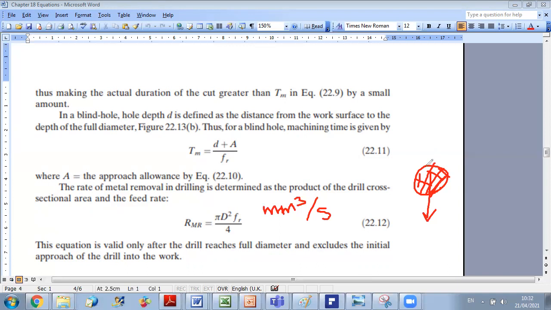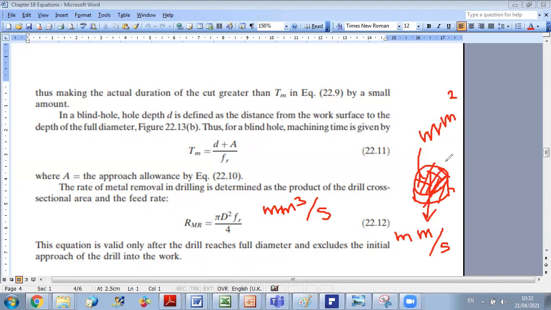Why? Because you have the linear velocity of motion, since the cross-sectional area will be in millimeters square. Okay, and the advancing velocity will be in millimeter per second. So if you multiply the cross-section of the drill by the advancing velocity, you will get a certain volume, and since it's per unit time, because the velocity is millimeter per second, then you will obtain the volumetric rate, meaning how much material you are removing per unit time.